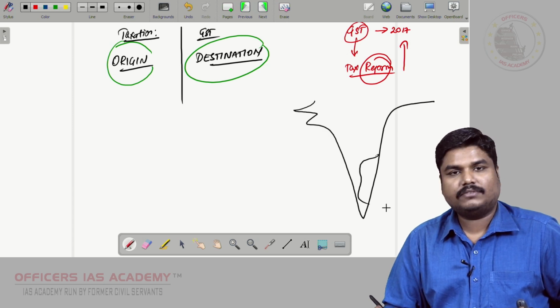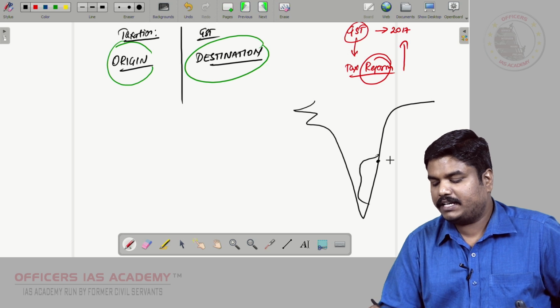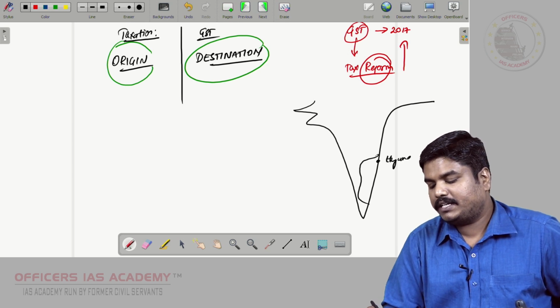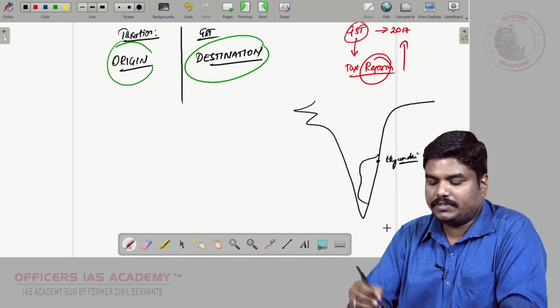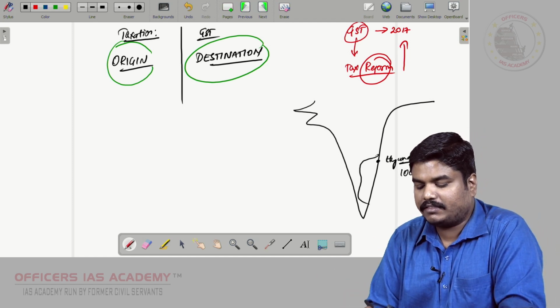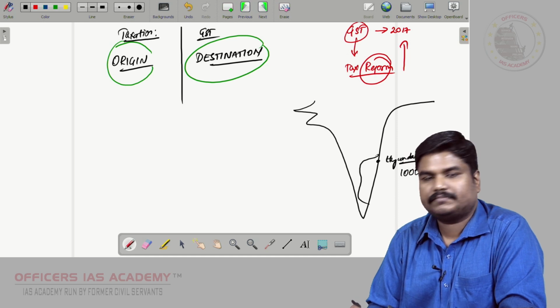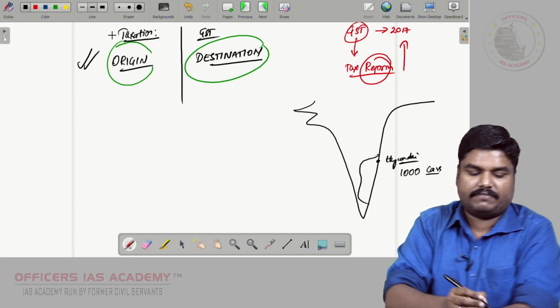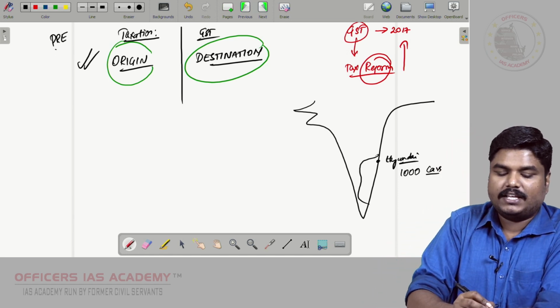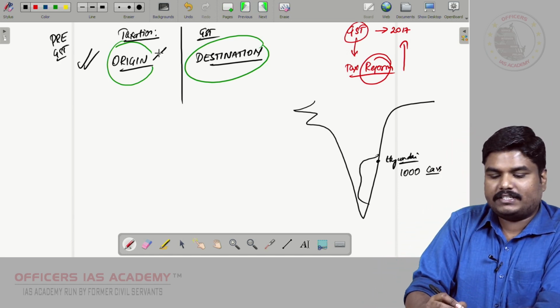Let us take Tamil Nadu. In Tamil Nadu, in Chennai, we have a Hyundai car company. Assume that this Hyundai car company is manufacturing 1000 cars every year. We will discuss about pre-GST. What was the case? It was origin based taxation, right?